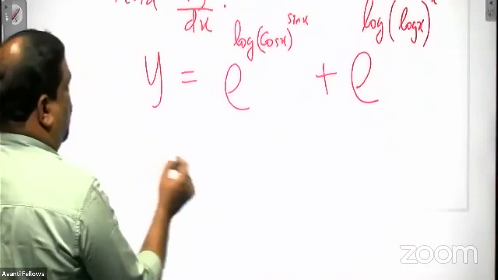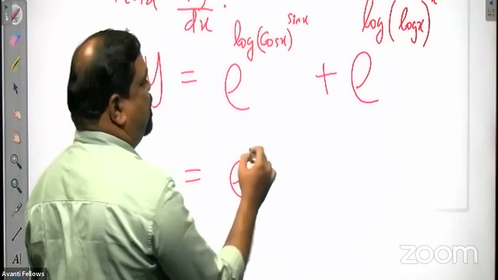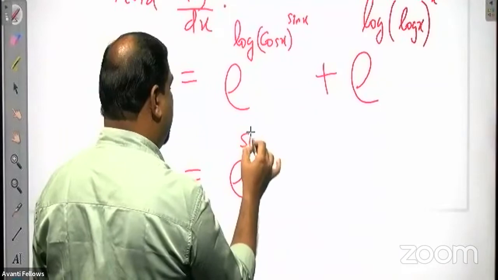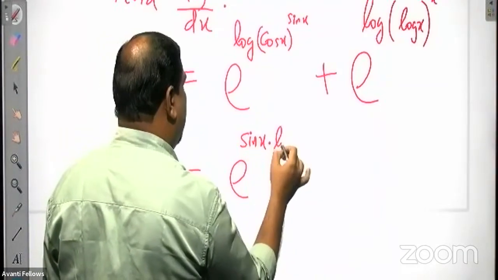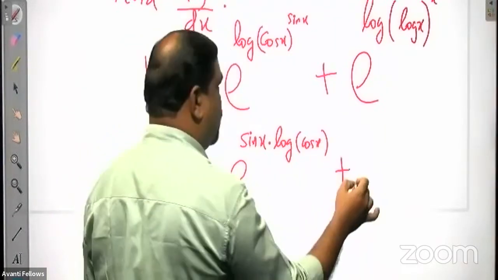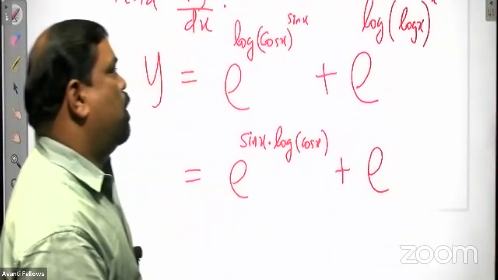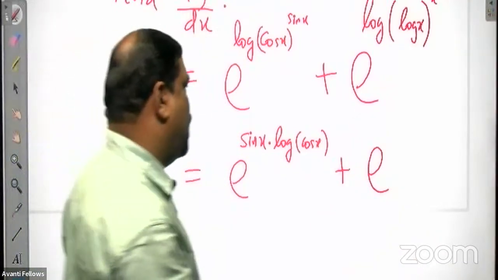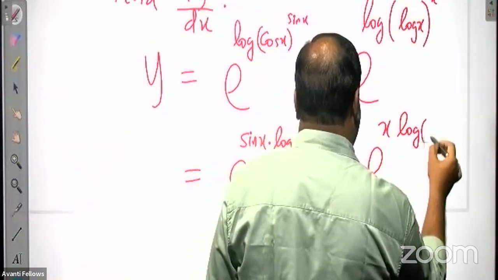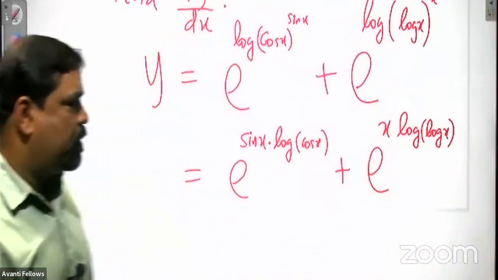That is equal to e raised to what is log of cos x raised to sin x? You know the property of logarithm. That is equal to sin x into log cos x, plus e raised to log of log x raised to x. Again, by the same property, that is equal to x into log of log x.